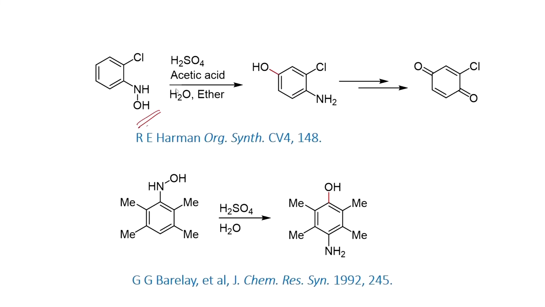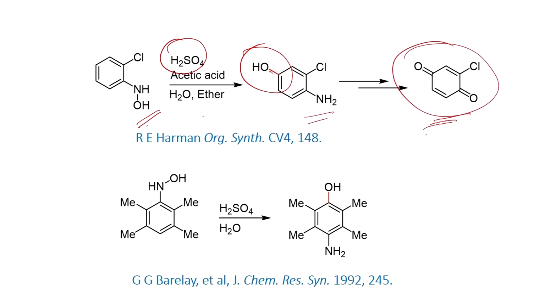So this compound, when you react with acid, as we have just seen, you can introduce the hydroxy group at the para position, it can rearrange, and it is further oxidized to a benzoquinone derivative, as you can see here.